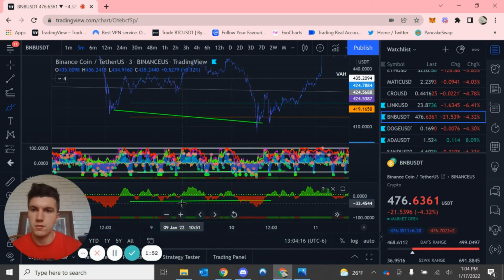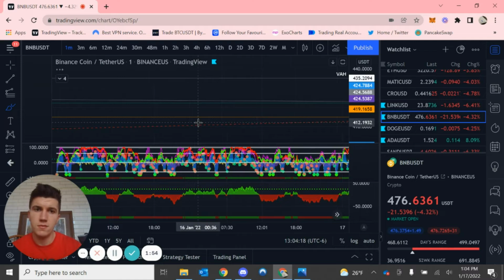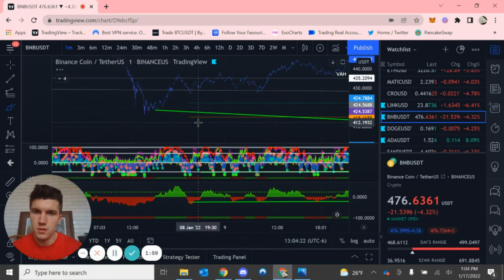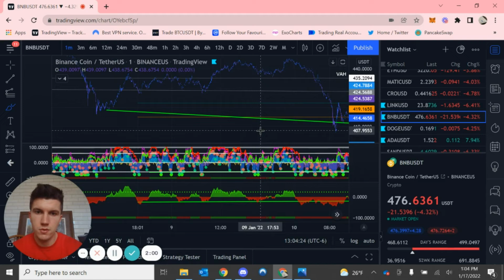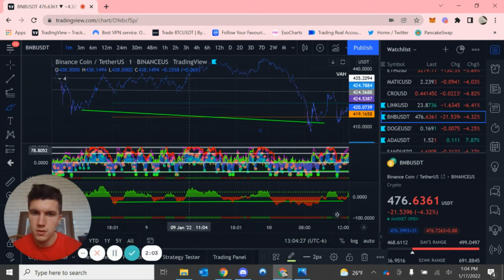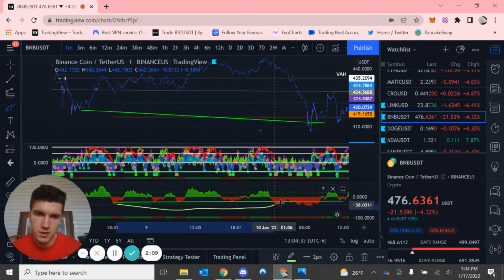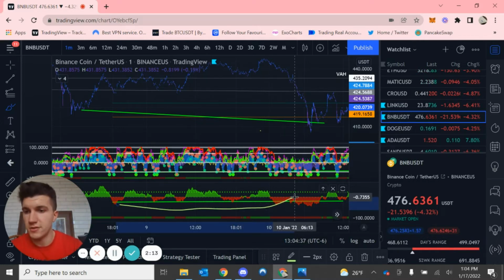Also, we can zoom into the 1 minute time frame and really look at money flow. Let me zoom out a little bit more. You can see here too that money flow is coming up. This is how you know when it's going to be a good trade and price is going to reject or bounce from a level you have on your chart.